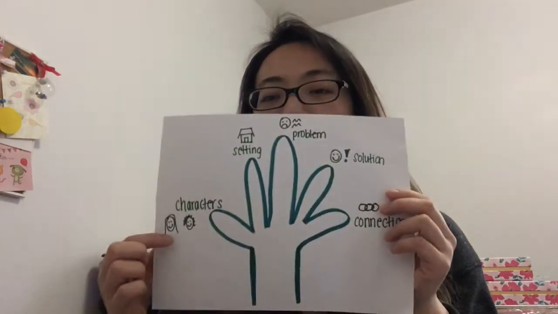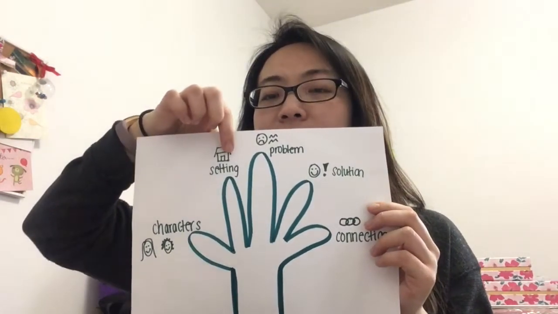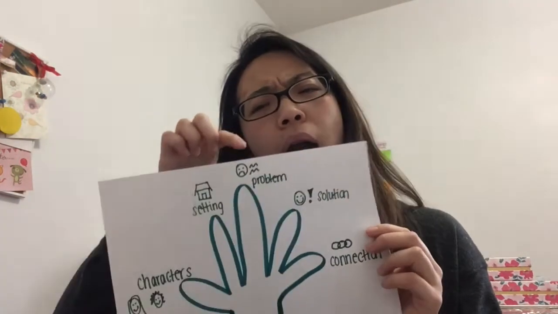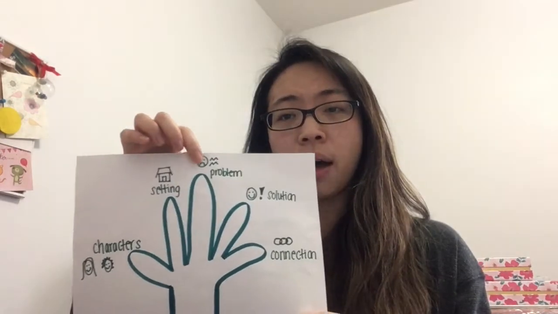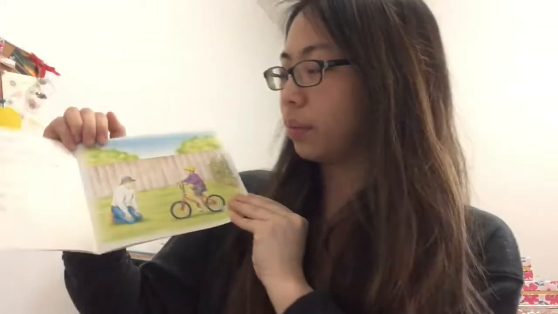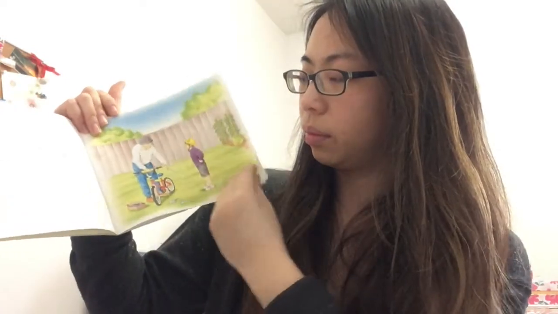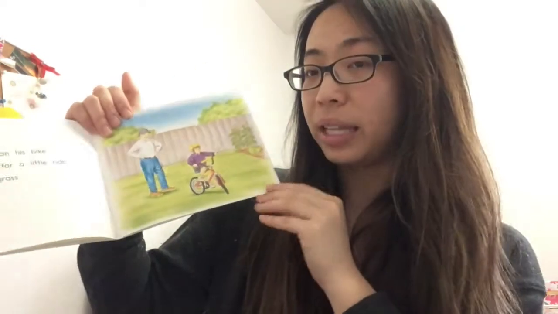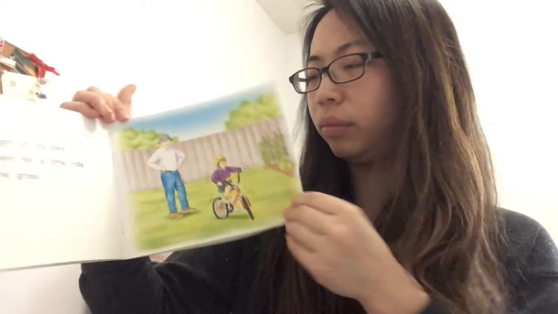Okay, so now we have the characters, the setting. Now, what is the problem in the story? Let's look back here, shall we? Oh, Max is riding his bike here. Let's continue looking.